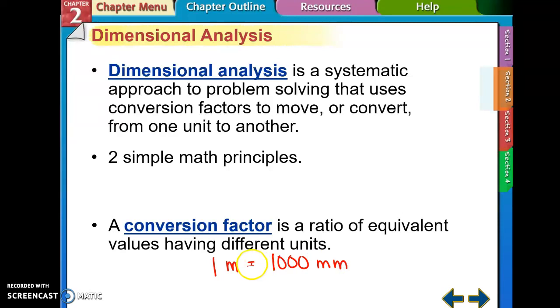So that's how I normally write it in my notes or on a conversion table chart, but what I'm going to write this as is a fraction, as a conversion. So I can write it as 1 meter divided by 1,000 millimeters, or I can write it as its reciprocal, 1,000 millimeters for every 1 meter.